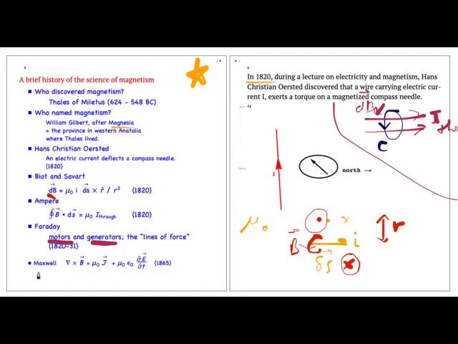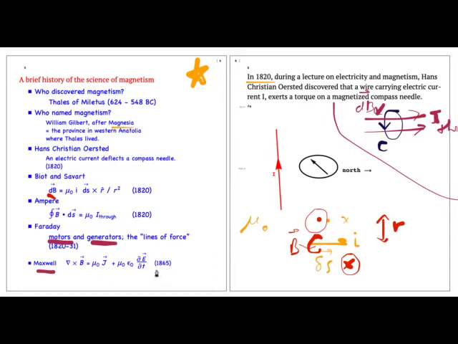Then finally, Maxwell, the great Scottish theoretical physicist, derived the field theory for electricity and magnetism. And it also applies to optics, because light is an electromagnetic wave. And Maxwell expressed it this way: the curl of B is mu naught, that universal constant, times the current density.